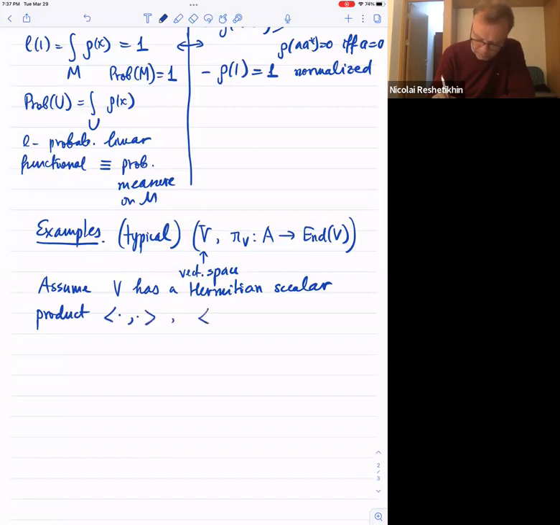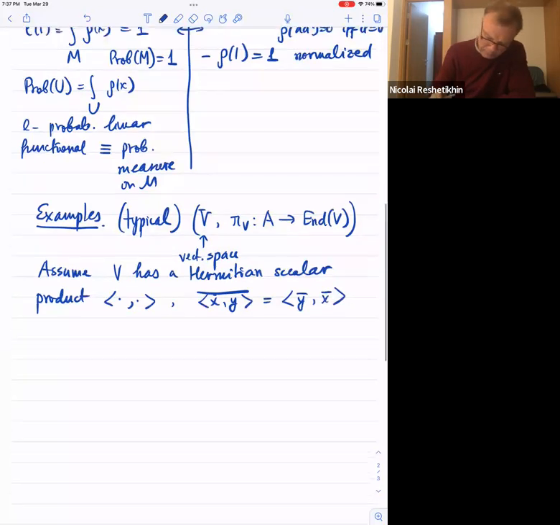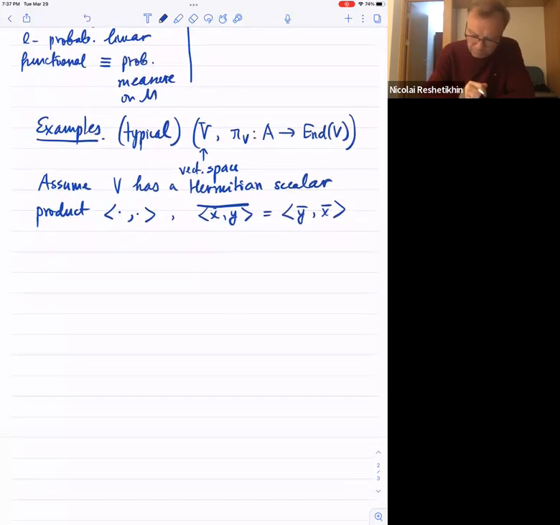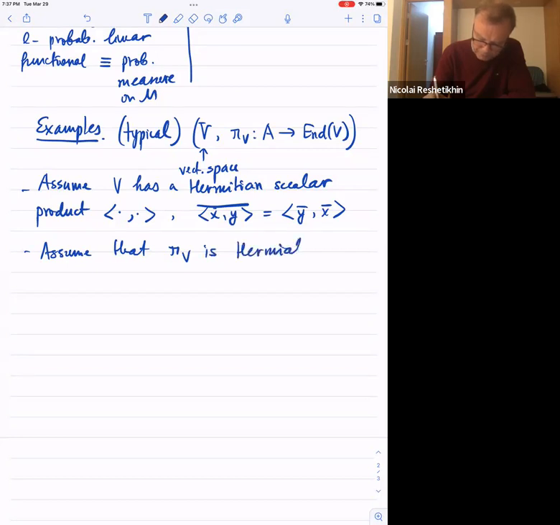It means that (x, y) is equal to the conjugate of (y, x). And then I assume that P is a Hermitian or star representation. What does it mean?